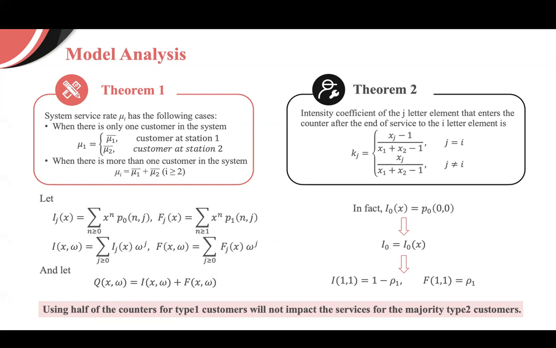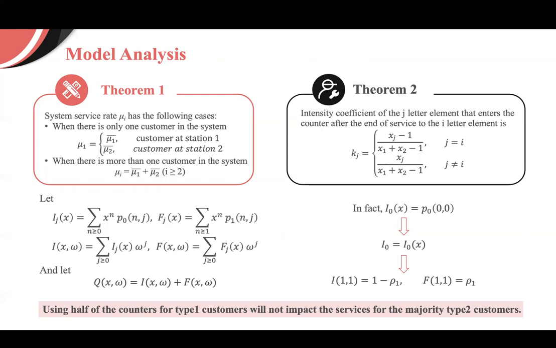It should be noted that if there is only one type 2 customer in the system, he should be served at counter B. If the service for him has not been completed at counter A, then he will immediately be transferred to counter B to continue his service, and it has no losses. Therefore, we calculate the probabilities described by the following equations and let Q be the sum.